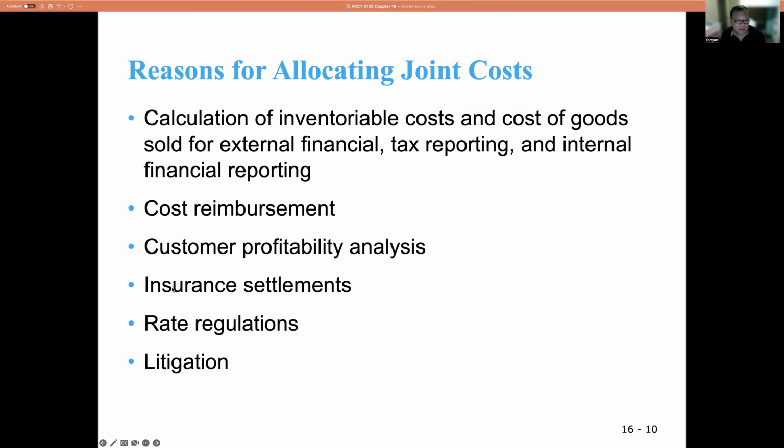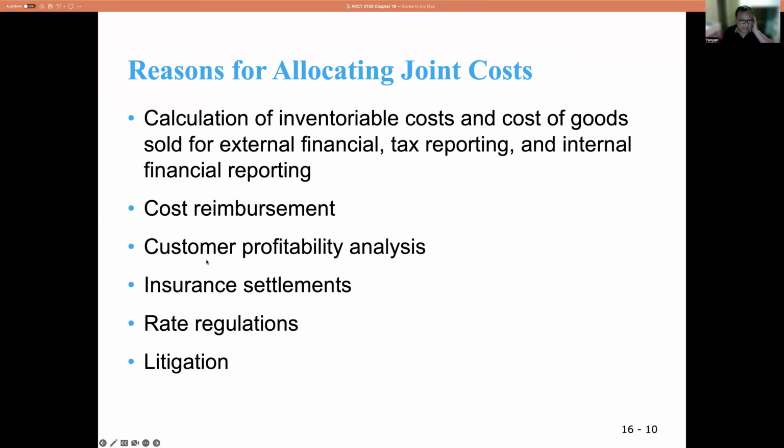And it could be for insurance settlement. If some of the product went bad and you have that insured, the insurance company will ask you how much that cost you, and you need to have an answer with reasonable calculations.